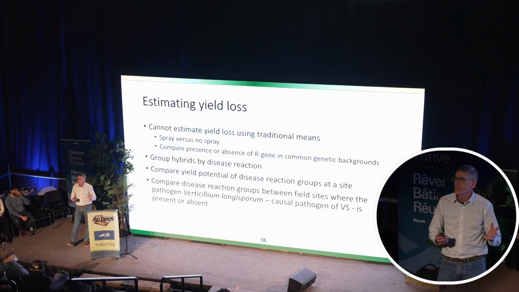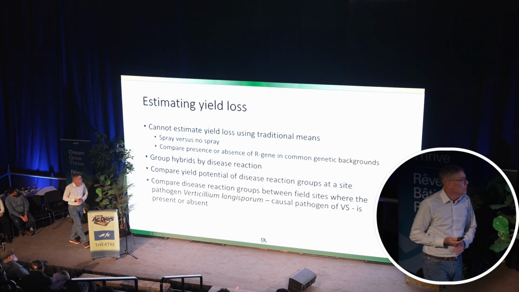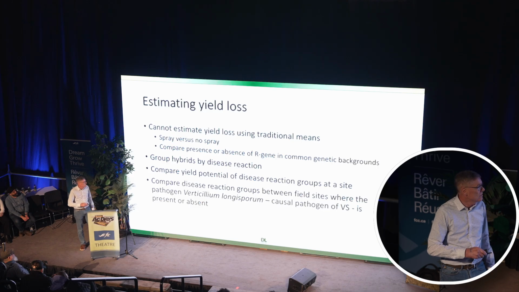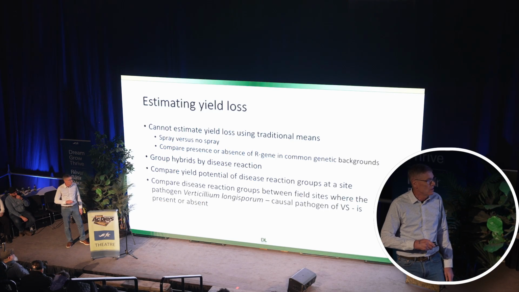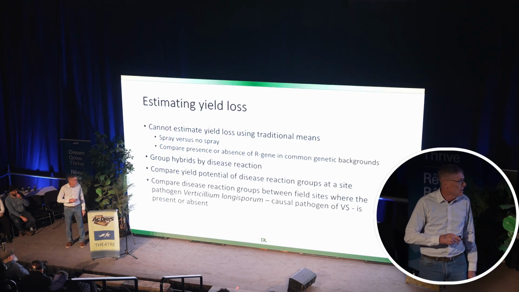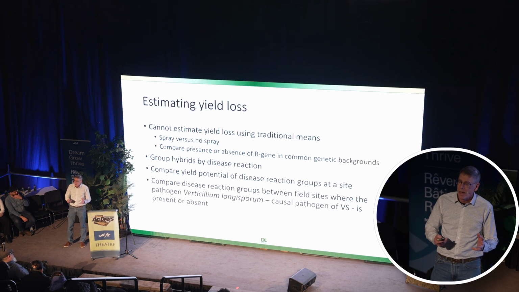But we don't know enough about the genetics to do that either. So my approach has been to group hybrids by disease reaction. And then you can compare the disease reaction of these disease reaction groups. We can, and then compare those between different field sites as well, where the disease is present or not.